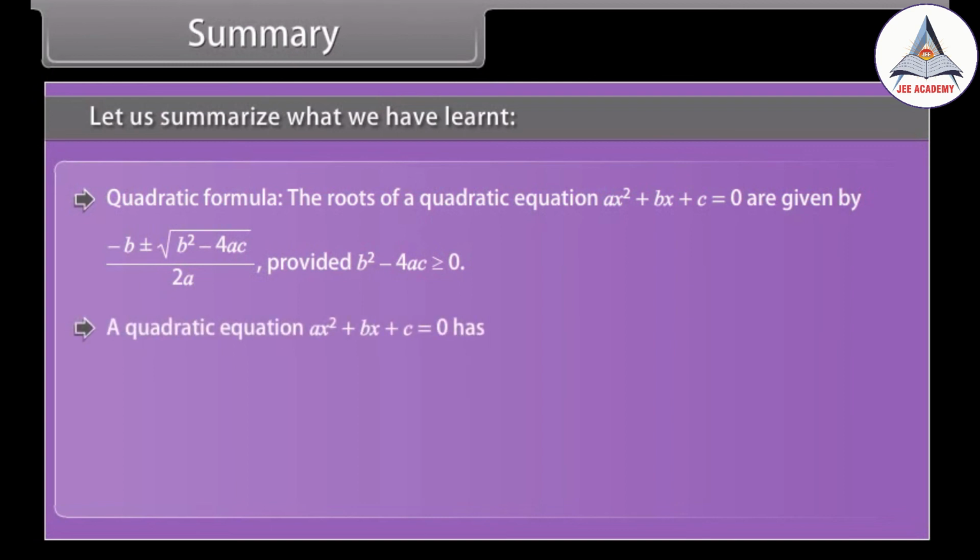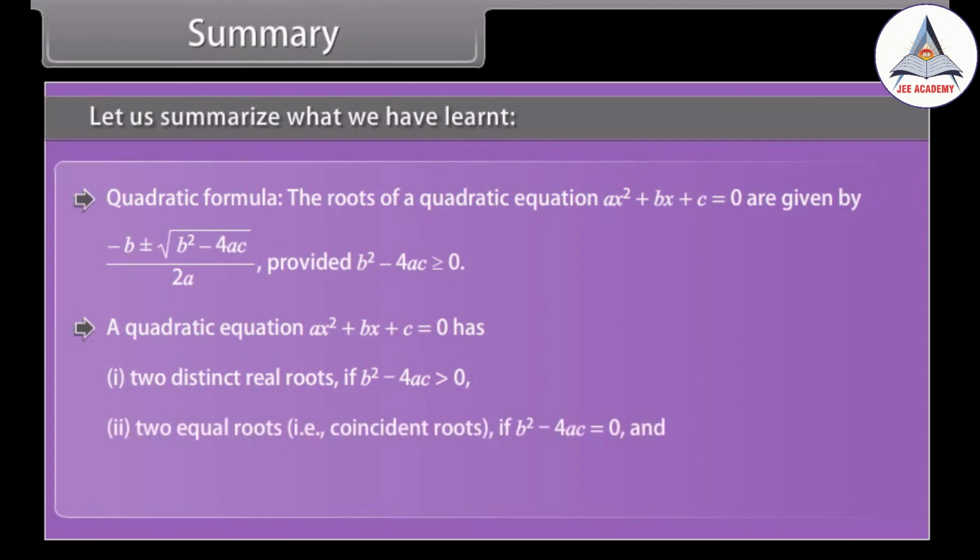A quadratic equation ax² + bx + c = 0 has 1. Two distinct real roots if b² − 4ac > 0, 2. Two equal roots, that is, coincident roots if b² − 4ac = 0, and 3. No real roots if b² − 4ac < 0.